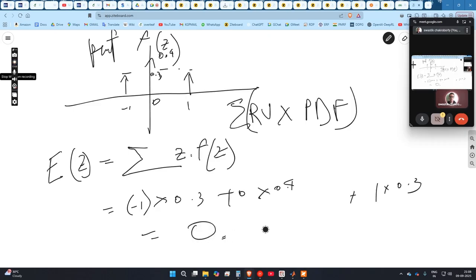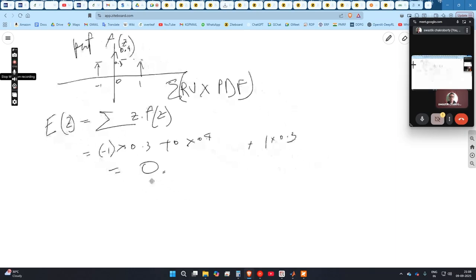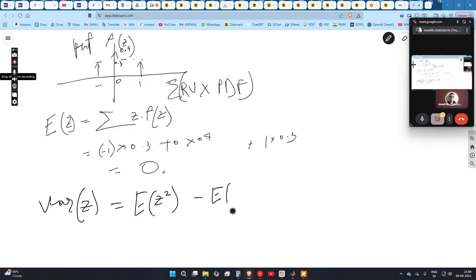Now we have to find the variance. Variance is, as you recall from your class 12 knowledge, variance of z is expectation of z square minus expectation of z whole square. Now we have to find expectation of z square. So expectation of z square is nothing but summation z square f(z) by similar logic.